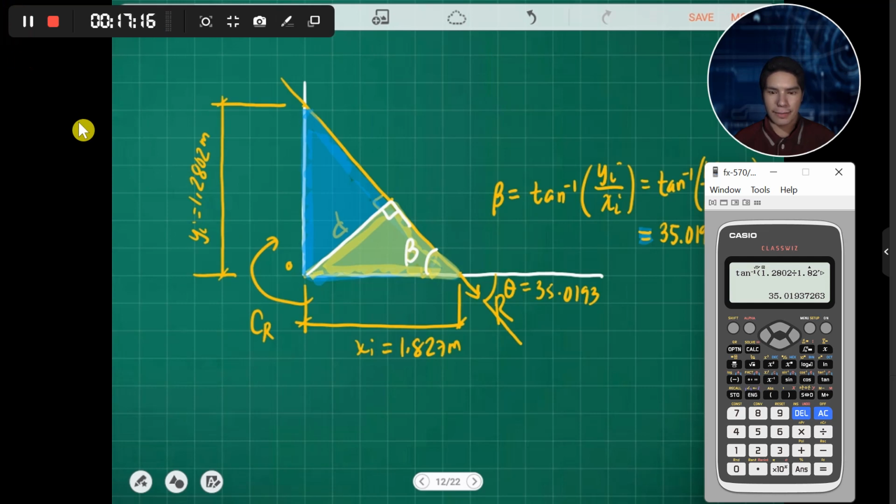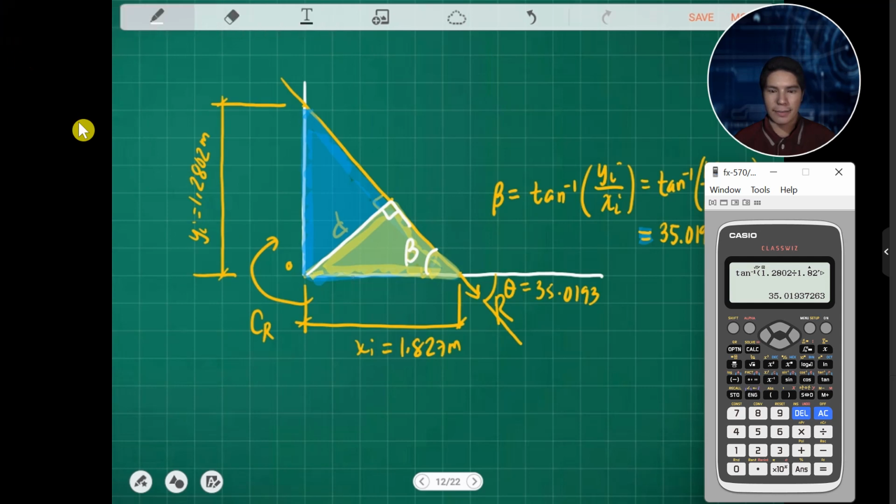So anong function yan? Sine, no? Kasi meron tayong distance din, and then meron tayong hypotenuse. So I'll be using sine beta, that is opposite over the hypotenuse, which is the x-intercept. So sine of 35.0194. So we have now the distance over the 1.827.